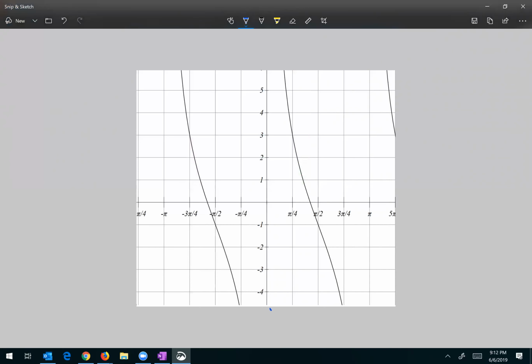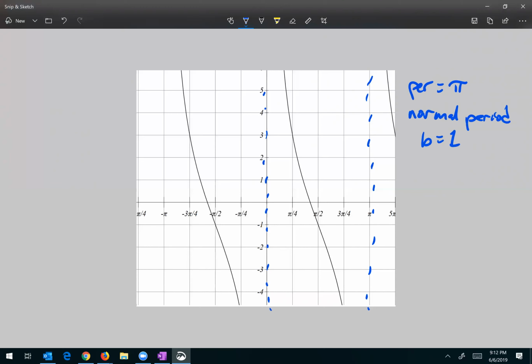So I'm going to add a few things to this. I'm going to draw in my asymptote. There's one on the y-axis. There's another at pi. What's important about that is that it tells me the period. Where my asymptotes are, my period is pi, which is what it normally is. So that's the normal period. So my b equals 1.